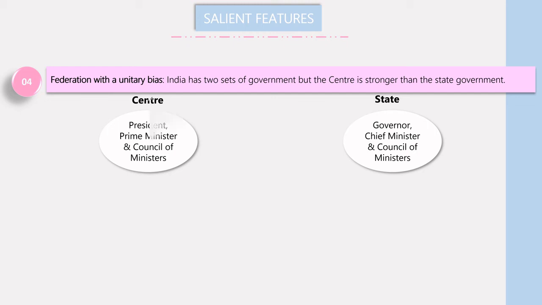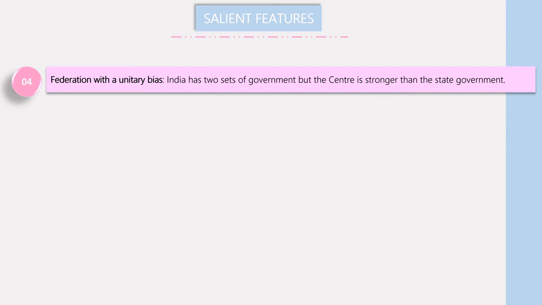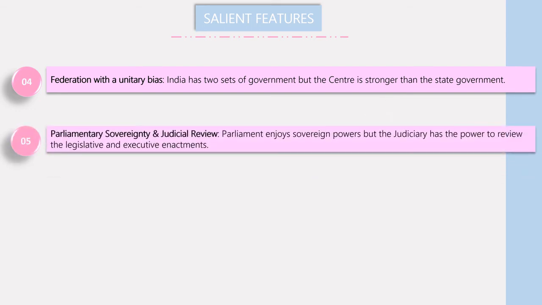Fifth, parliamentary sovereignty and judicial review. The notion of parliamentary sovereignty is connected with the British Parliament, and judicial review is associated with the American Supreme Court.